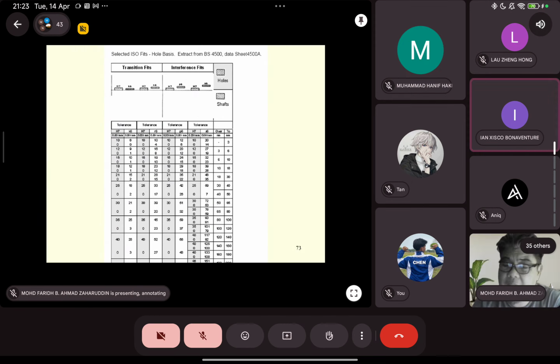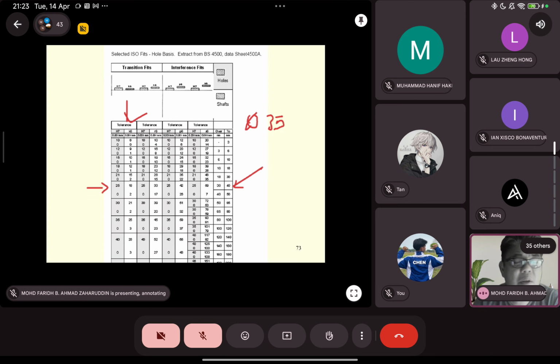Yes. Okay, now we have this. The question asks diameter 35 mm. So now we have here this one, correct? So we are going to get this value. Okay, it is H7, K6.